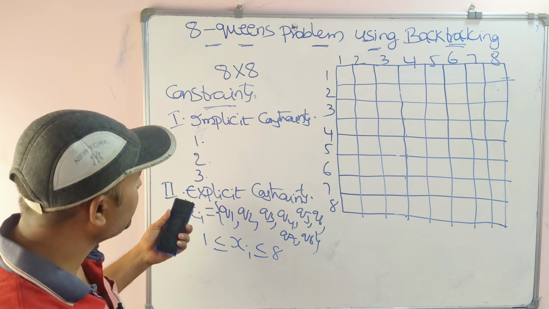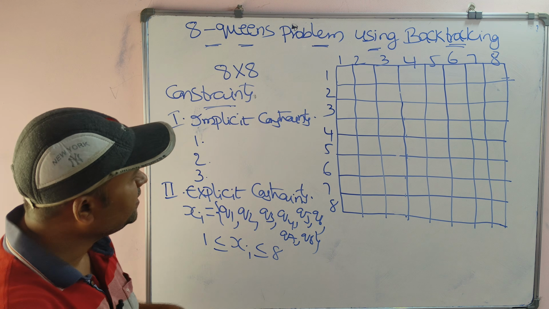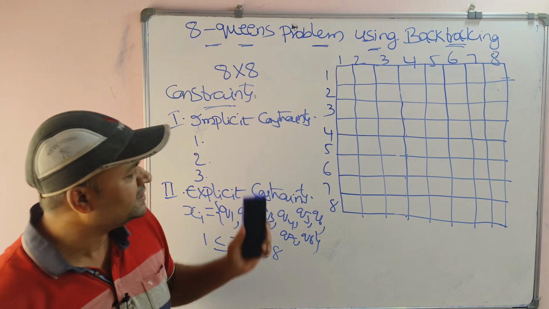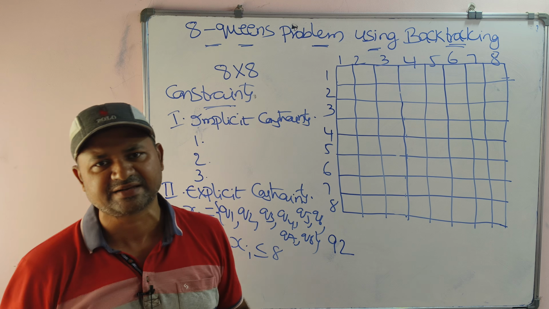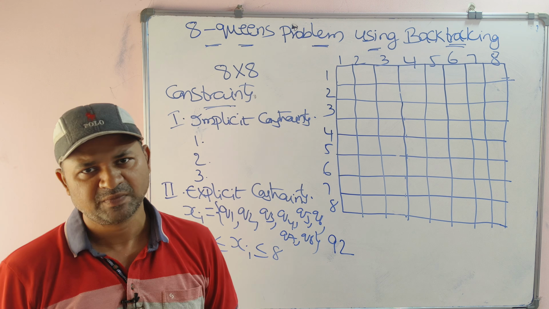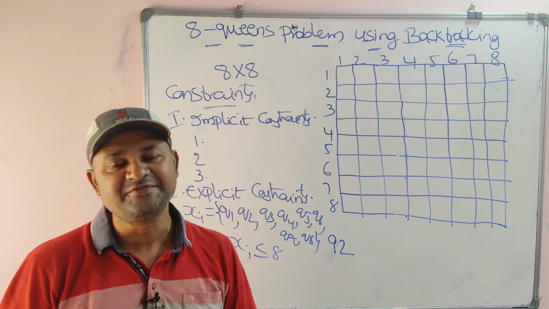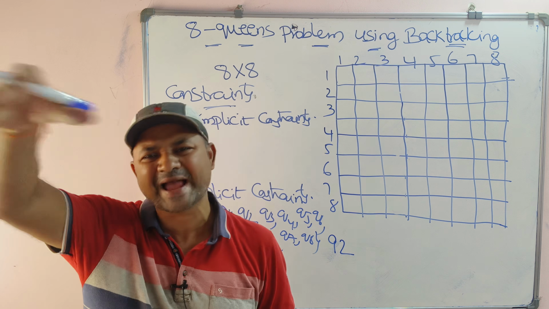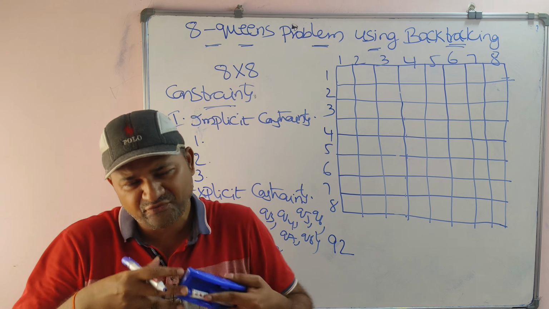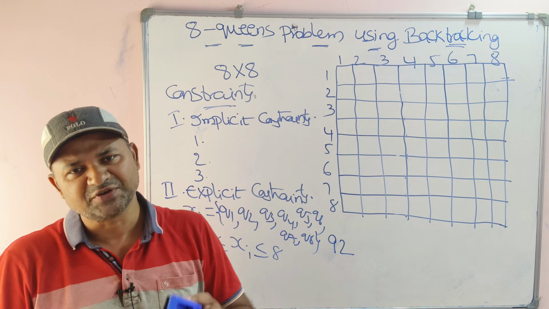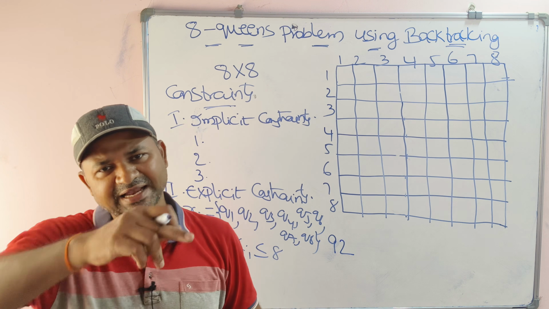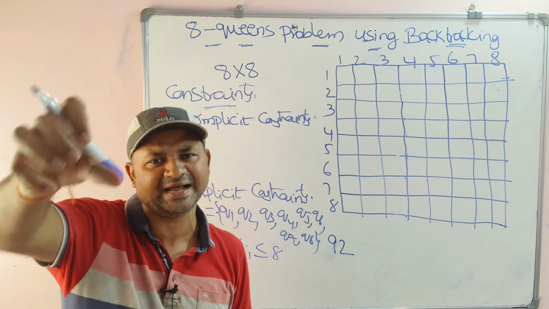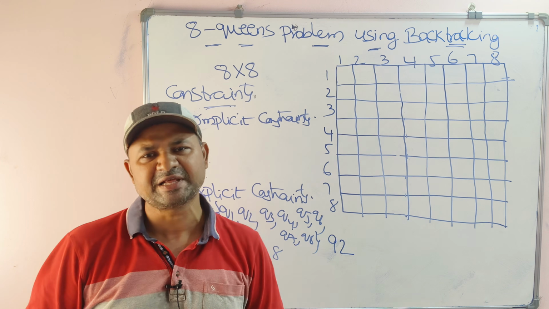Okay. Now let us see the problem. Here totally there are 92 valid solutions for the 8 queens problem. So it is extremely difficult to show all the backtrackings. We know when backtracking is needed. If there is a mistake, if there is no other path, then we have to do the backtracking and explore some other paths.